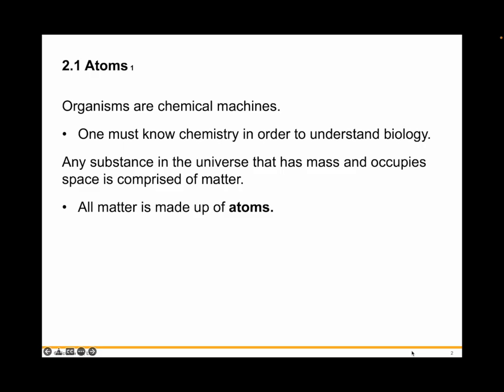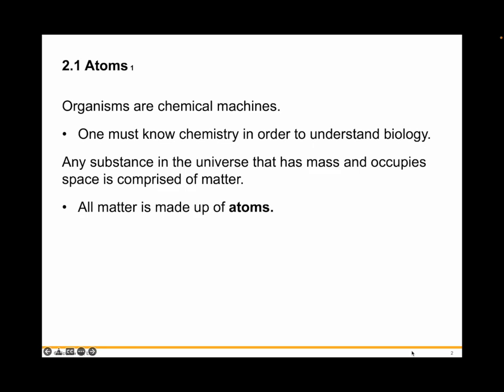So while it may seem tedious or unrelated to examine the chemistry in a biology text, it is essential. So organisms are chemical machines, and to understand them, we must learn a little chemistry. So, let's get to it.